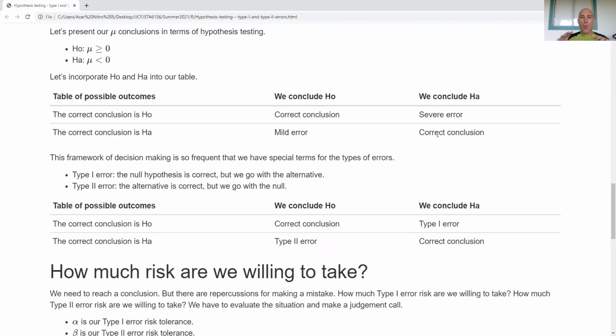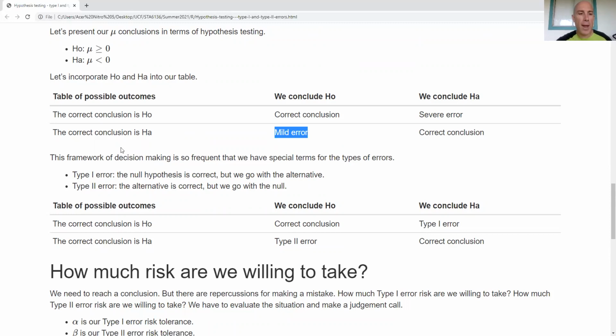Hypothesis testing is so common, so frequent, that these two types of errors have special names. These special names are kind of confusing. It's just vocabulary, and if you're wading into this concept, you basically have to memorize this.